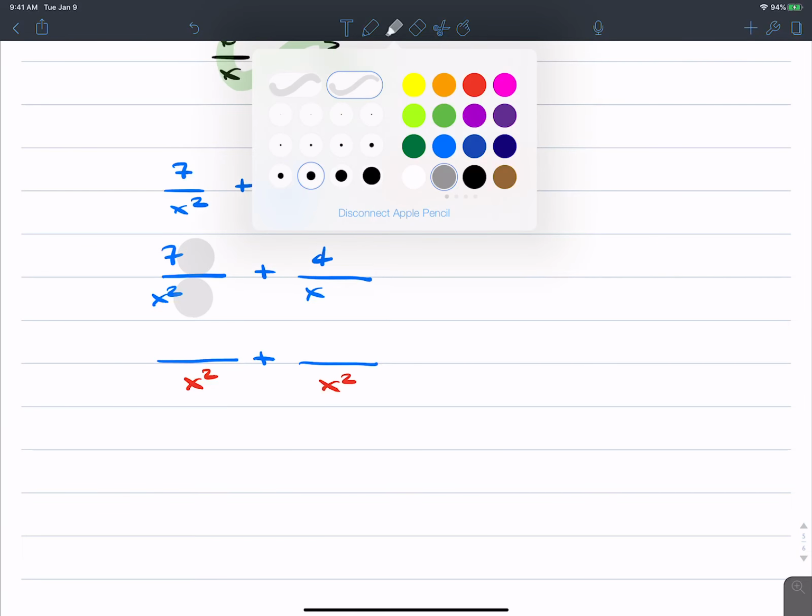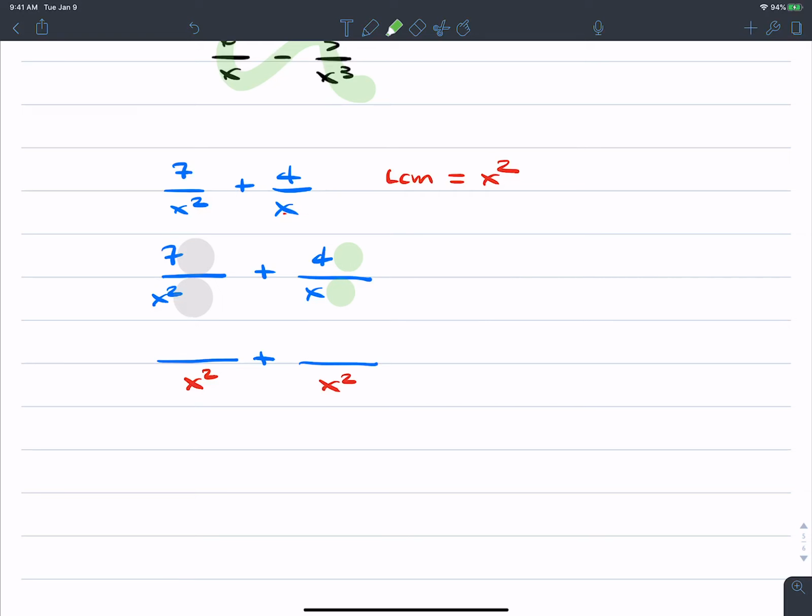We need a term to multiply top and bottom over here. So here we go. X squared times 1, remember, x squared times a term better be x squared. So the term is 1. X times a term better be x squared, so this term is x.